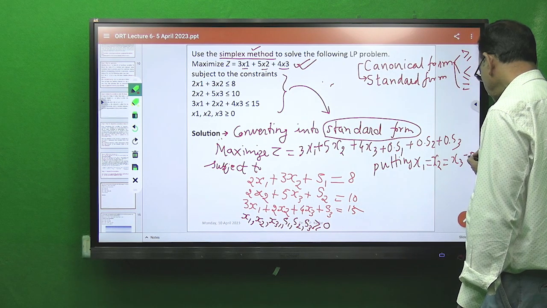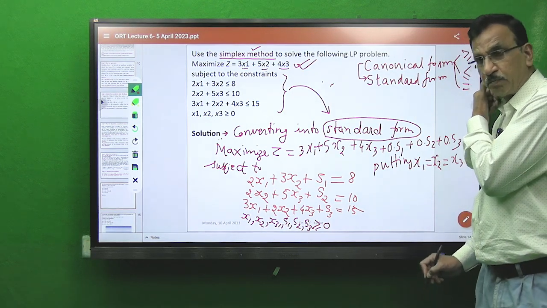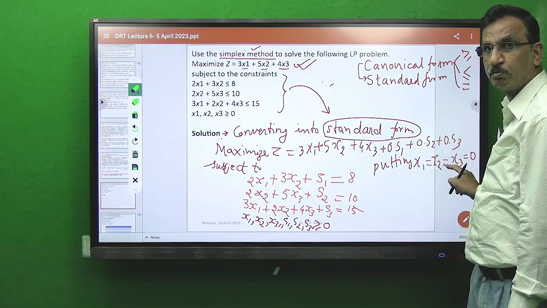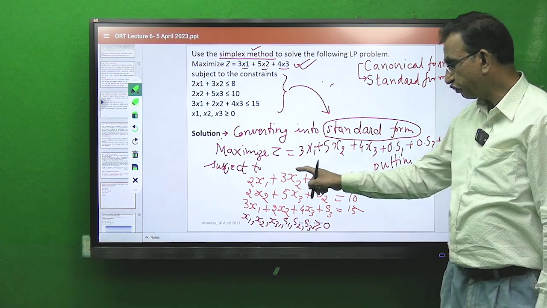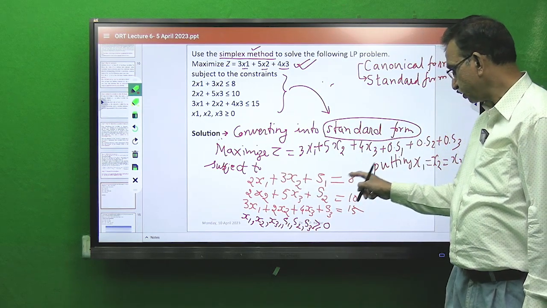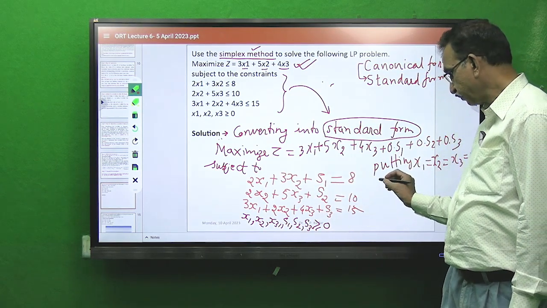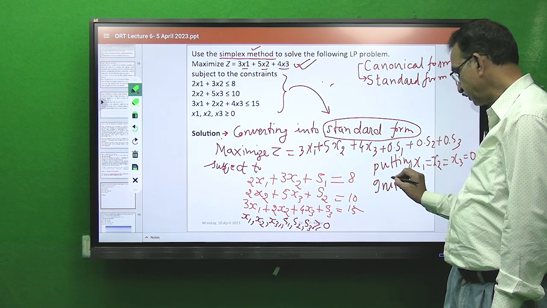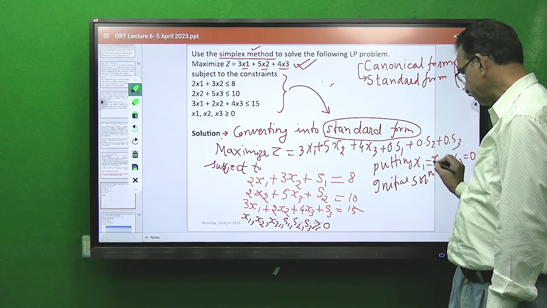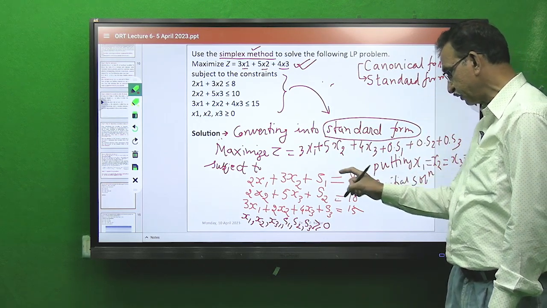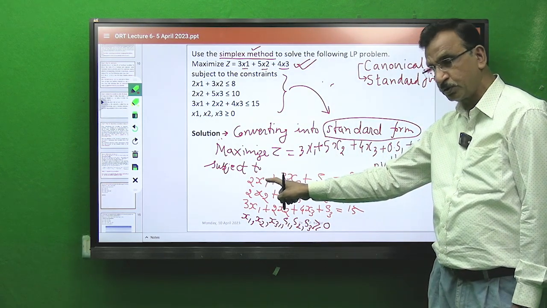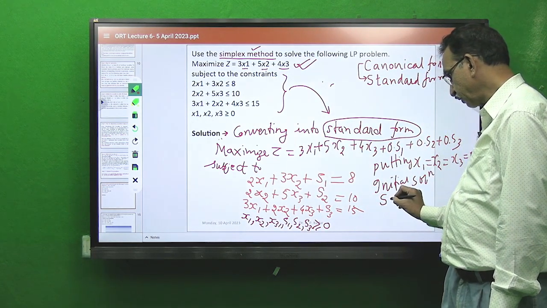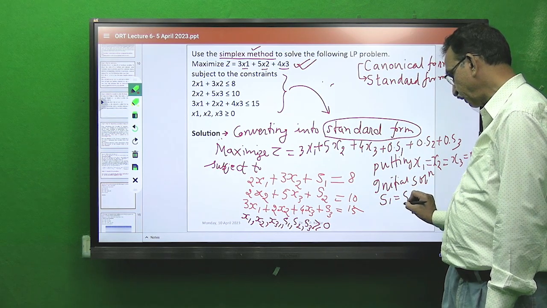Very important, x3, all 3 equal to 0, means the value of x1 equal to 0, value of x2 equal to 0, value of x3 equal to 0. If I put these values equal to 0 in the standard form equation, initial solution to simplex, that is first solution which I am getting is, if you put x1 equal to 0, if you put x2 equal to 0, first equation leads s1 is equal to 8.